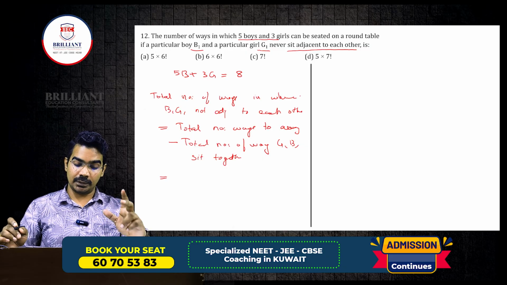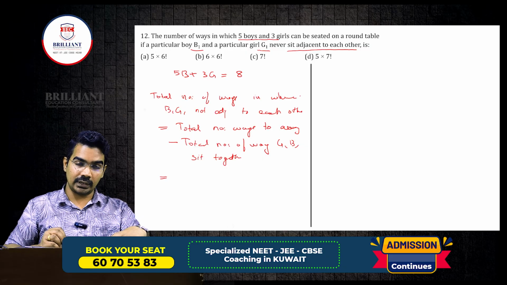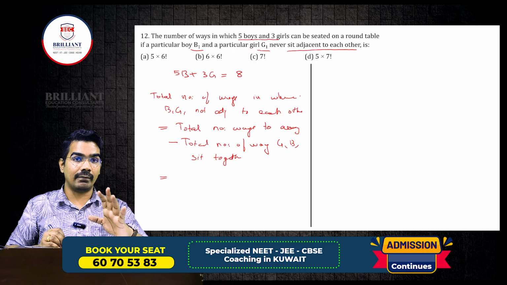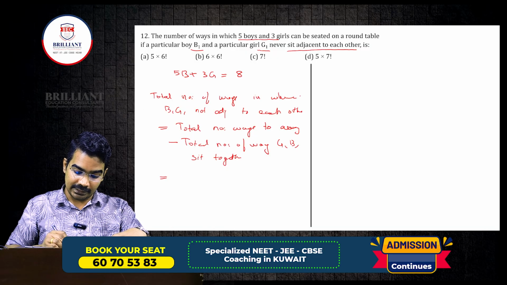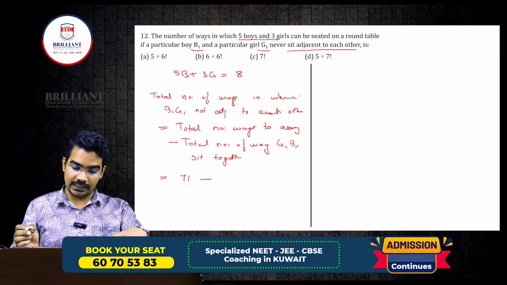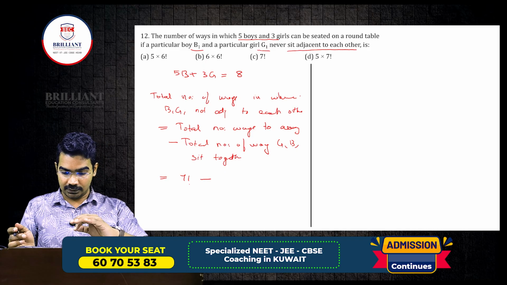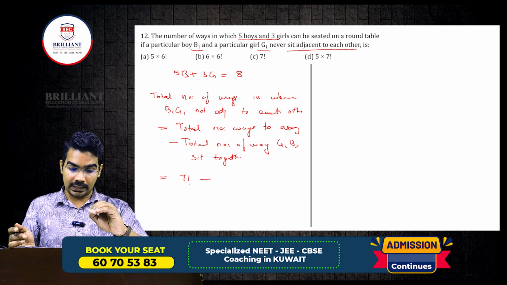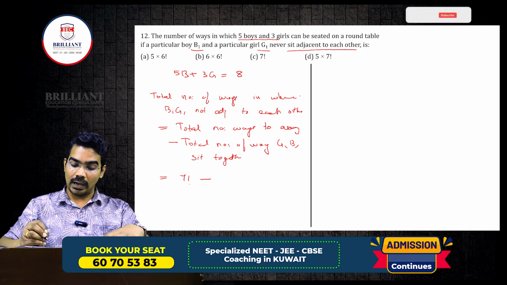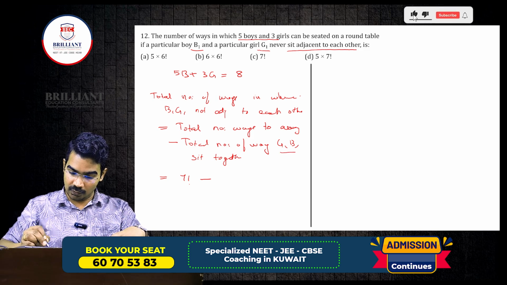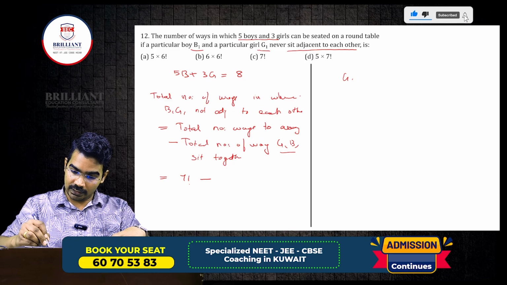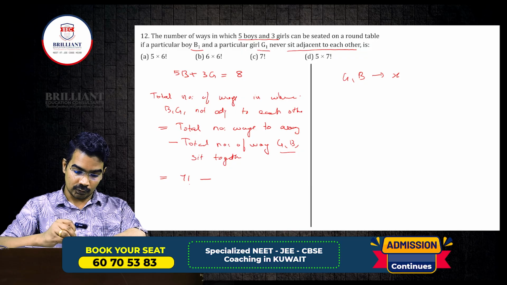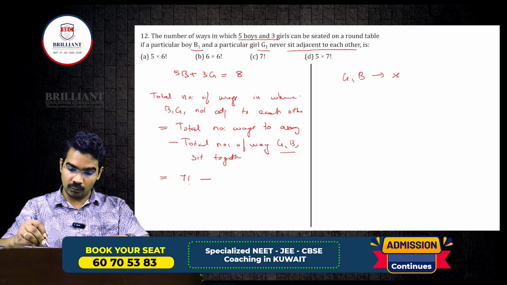In a circular arrangement, you know that the permutation is n minus 1 factorial. So with a total of 8, it will be 7 factorial, minus the total number of ways in which B1 and G1 sit together. I am going to consider G1 and B1 as a single element X. Once I take B1 out of 5 boys, I have 4 boys remaining.